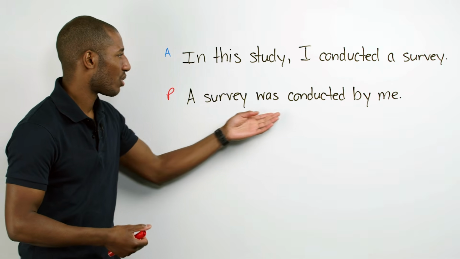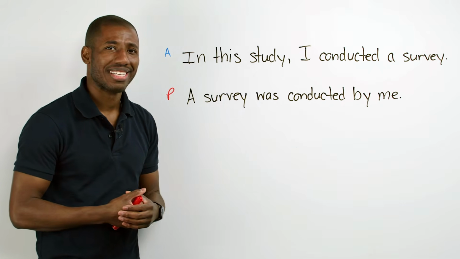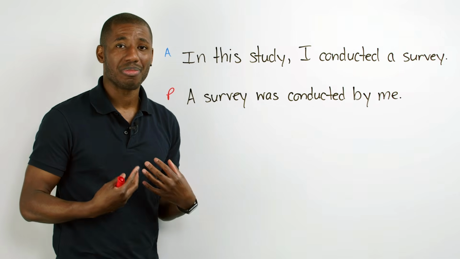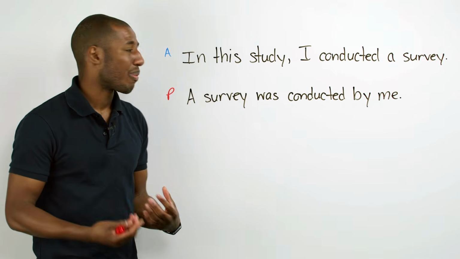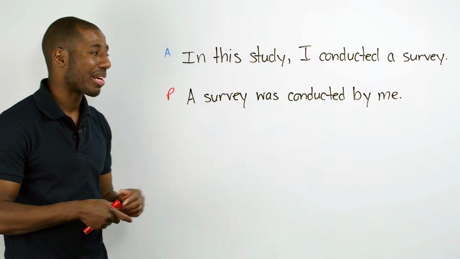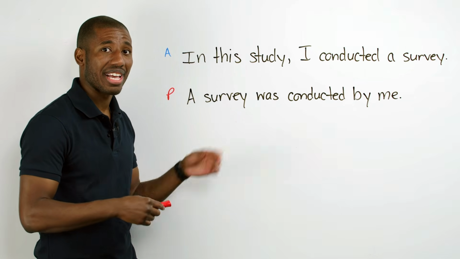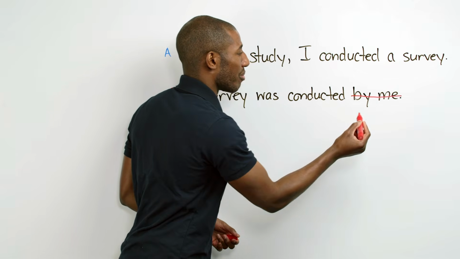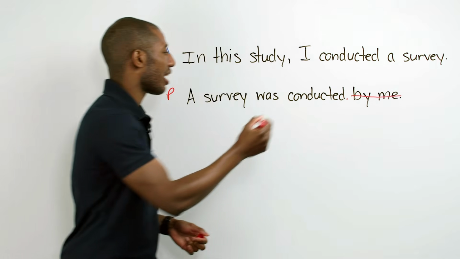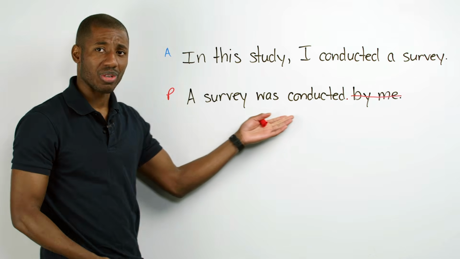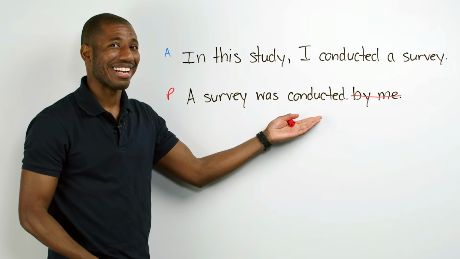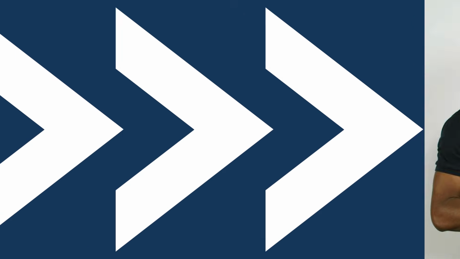A survey was conducted by me. Again, we want to avoid using words such as I or me because we are not the focus. We want to focus more on the topic, and in this case, the survey. So we're going to cross out by me, add a period, and have a survey was conducted. Now that sounds great. Let's move on.